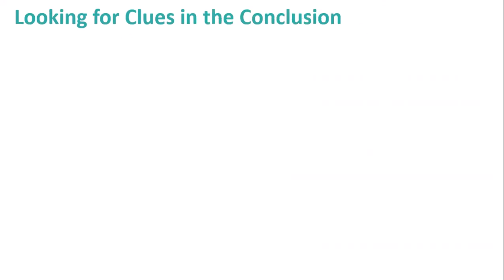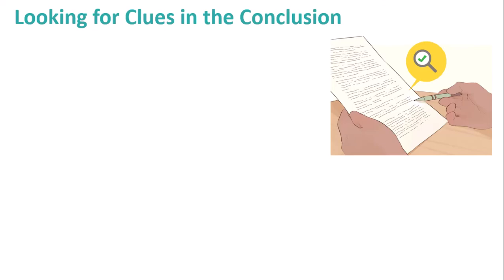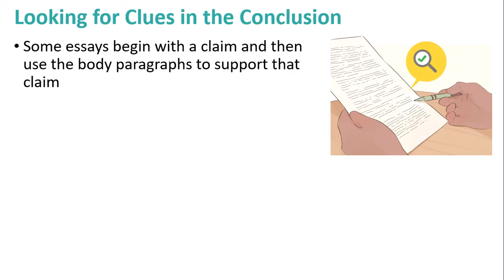So how do we look for clues to the main idea in a conclusion? To me, this is a little bit easier than the body paragraphs or the introduction, because a lot of times an essay will start with a claim, they'll use body paragraphs to support that claim, and then they will have a summary of all their ideas in the conclusion. So it leads like claim, main ideas, and conclusion.